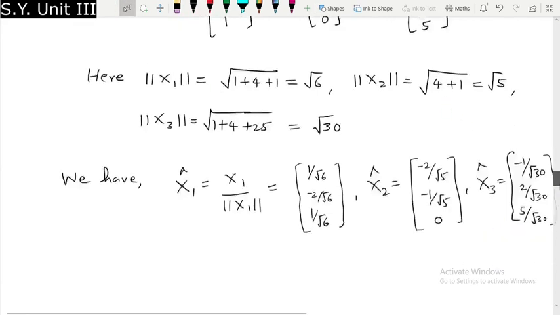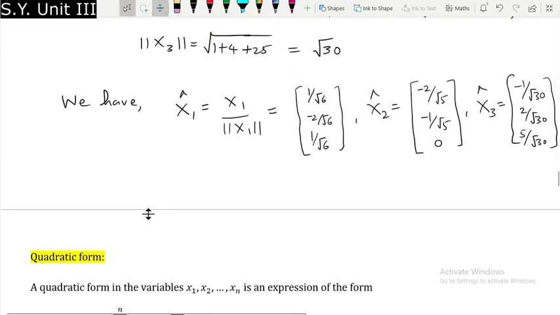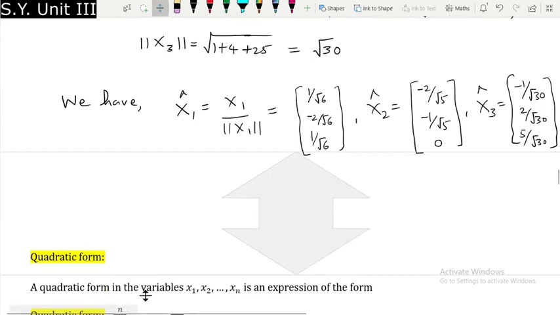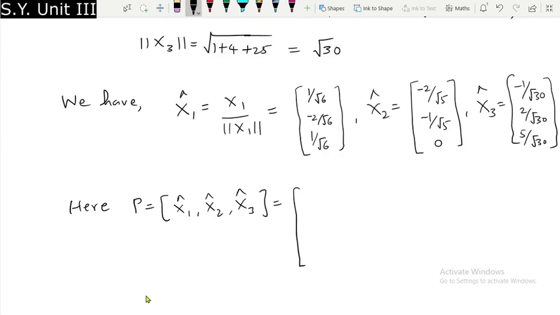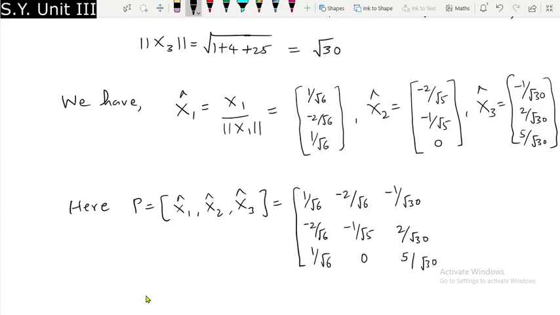Okay, so what is your orthogonal matrix over here which satisfies that property P inverse AP is equal to diagonal matrix? So it is nothing but what? Just a minute. So here I will say P is equal to x1 cap, x2 cap, x3 cap, which is equal to 1 upon root 6, minus 2 upon root 6, 1 upon root 6. The second column will be minus 2 upon root 5, minus 1 upon root 5, 0, and the last one will be minus 1 upon root 30, 2 upon root 30, and 5 upon root 30, isn't it?